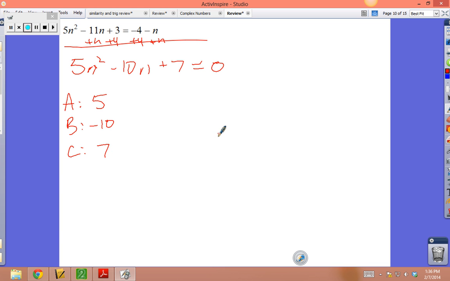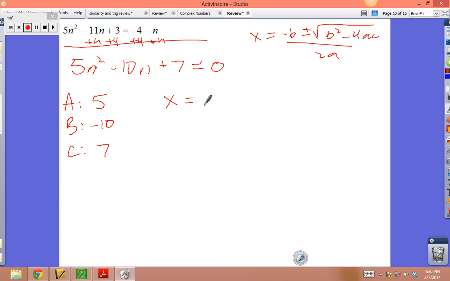If you got A is 5, B is negative 10, C is 7, X equals negative B plus or minus square root of B squared minus 4AC all over 2A. So let's plug them in.